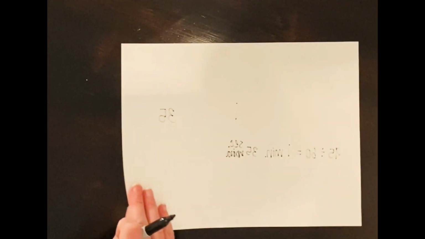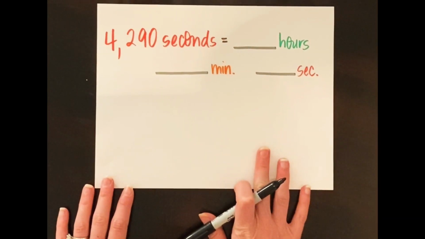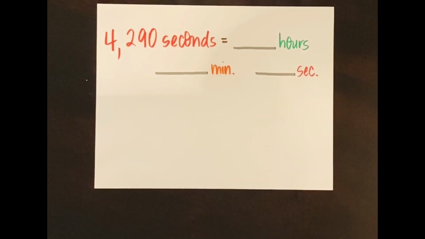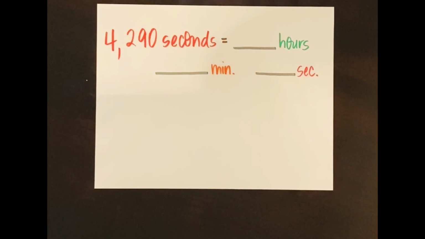Now, I'm going to look at a slightly more challenging problem. What if I had 4,290 seconds? So that's a lot of seconds. Need to figure out how many hours, minutes, and seconds is that.